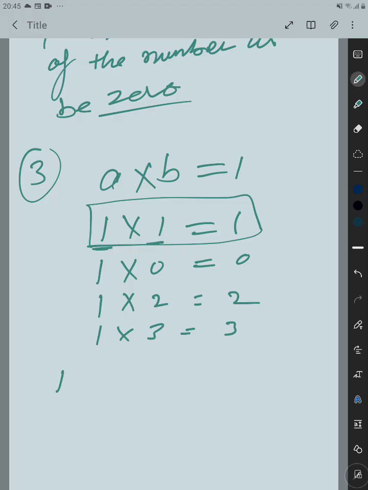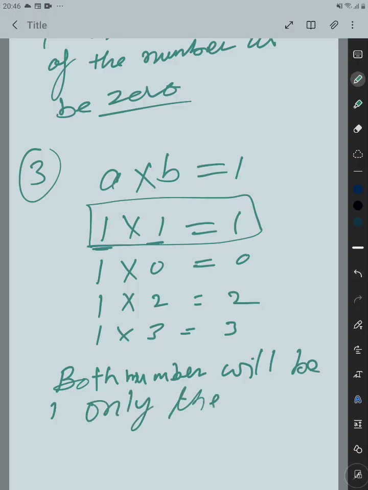So what we can say is that both numbers will be 1 only. Only then can the product of whole numbers be 1.